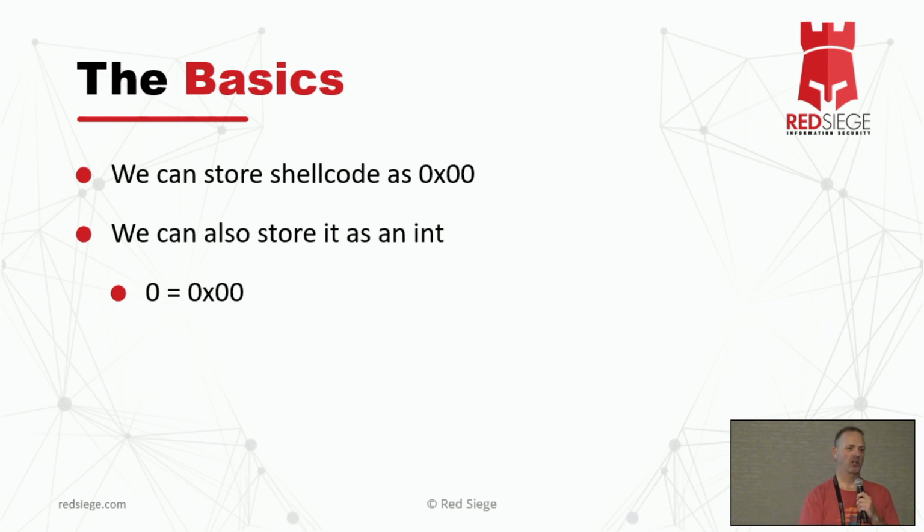That's what our shellcode looks like. It's structured different ways. Sometimes you have to escape the X's with a backslash, but we're writing our shellcode in hex. The mind-blown moment for me was realizing that depending on how you declare your character array where you're storing your shellcode, you can actually store your shellcode as an int.